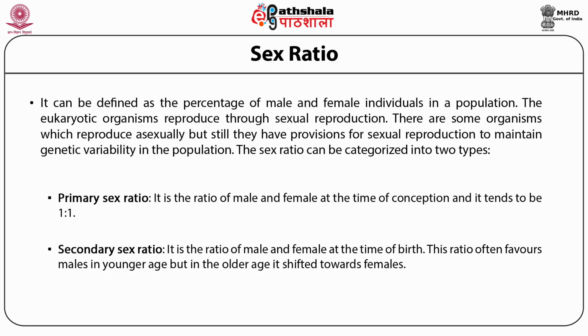Similarly, in birds, cattle, and rabbits, the ratio of males is higher than females, but in domestic chicken, sheep, and horses, males constitute 49% of the population.